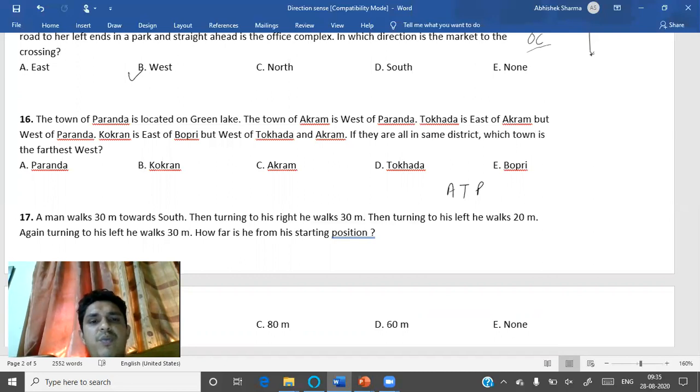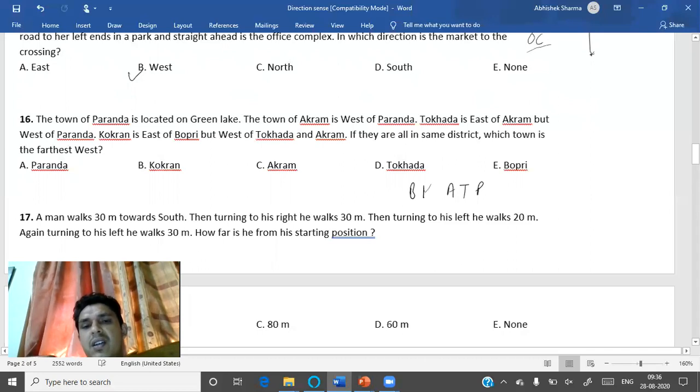Kokran is east of Bopri but west of Tukade Akram, right? So if we check, Kokran is east of Bopri but west of Tukade Akram. So we can simply write B K here, because Kokran is east of Bopri and west of Tukade Akram.